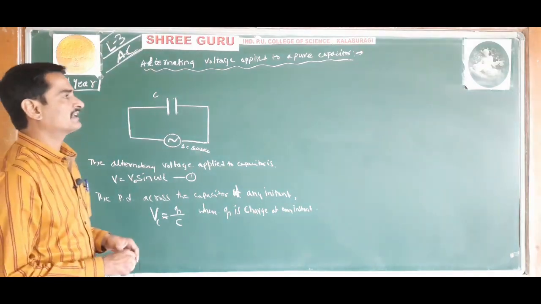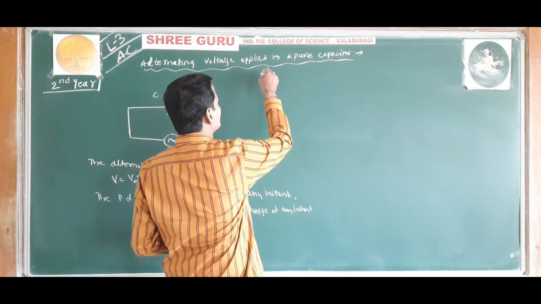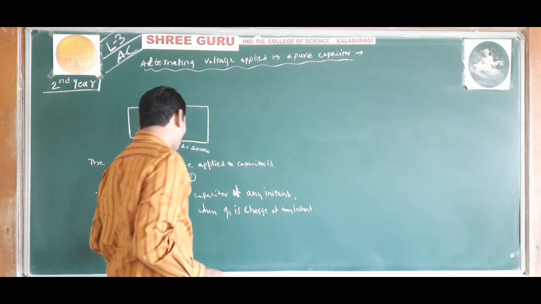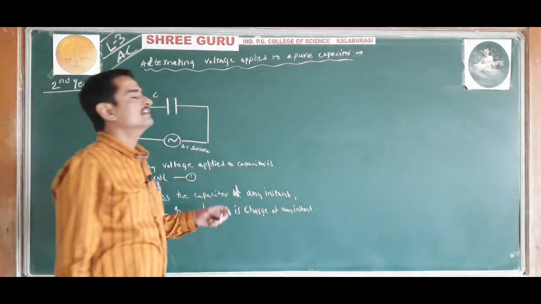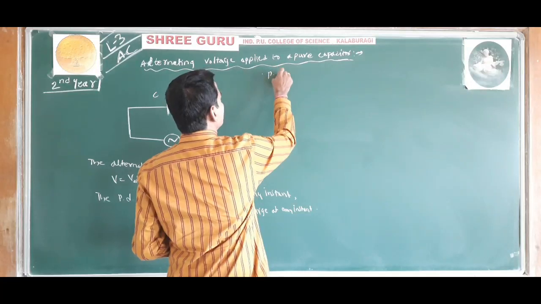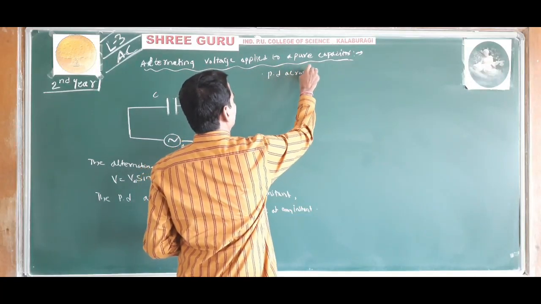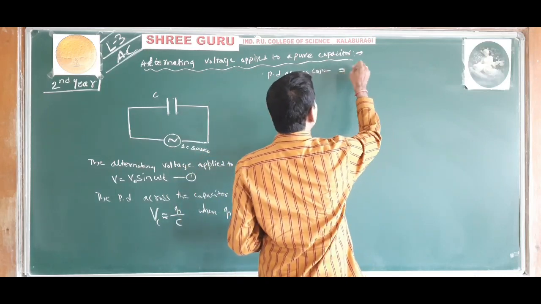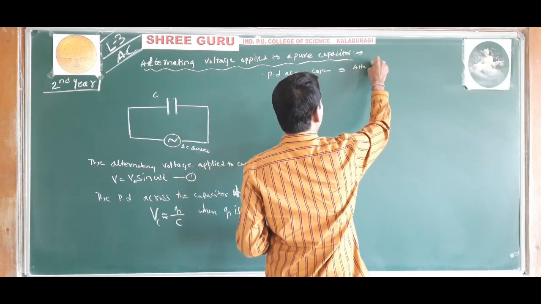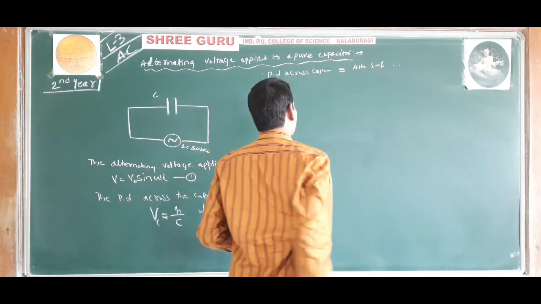At any instant of time, the potential difference across the capacitor must be equal to the alternating EMF applied to the circuit.